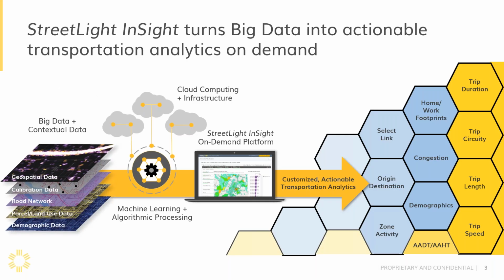So this data is great, except that it needs to be turned into something that is useful to planners and people making decisions. So what we do is take the big data, that geospatial data, and put it onto a road network, also with parcel land use data and demographics, which we pull from the census.